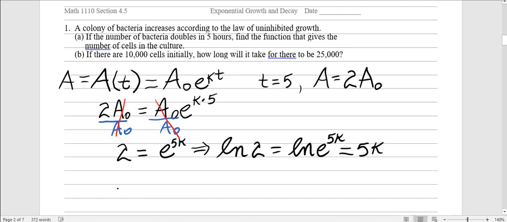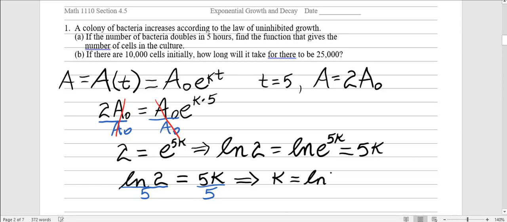All right, so the natural log of 2 equals 5k. And to solve for k, I simply need to divide both sides of the equation by 5. And so I find that k is the natural log of 2, whatever that is, divided by 5.